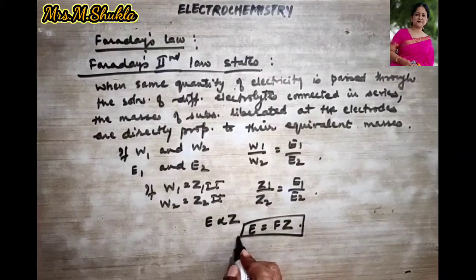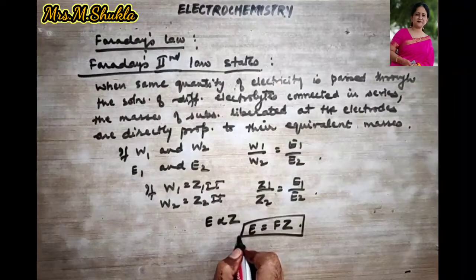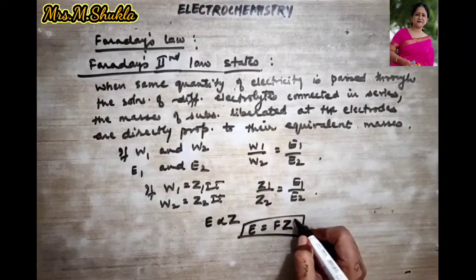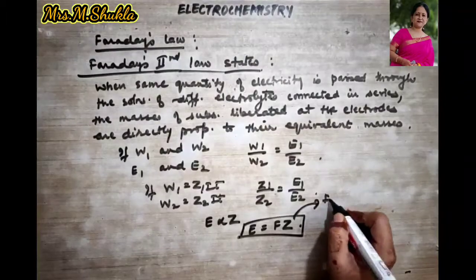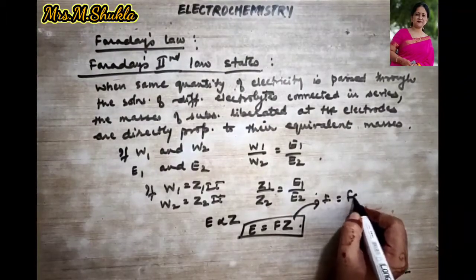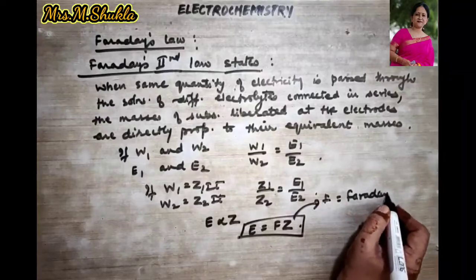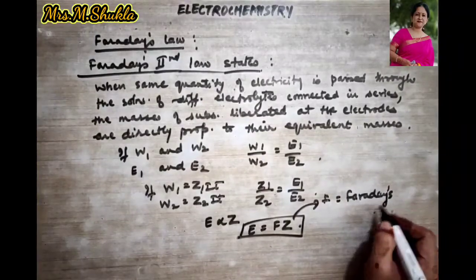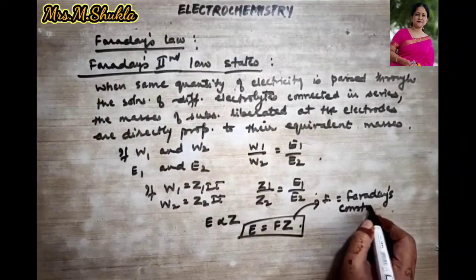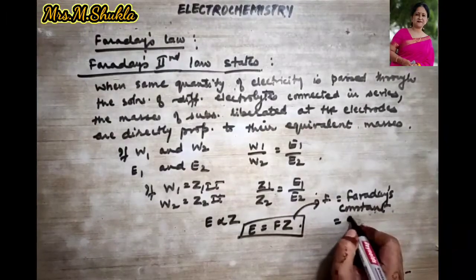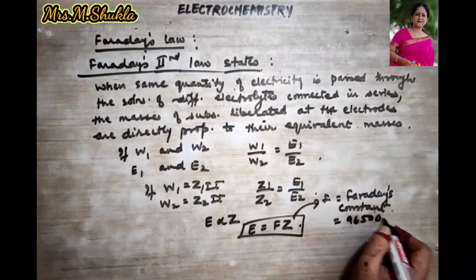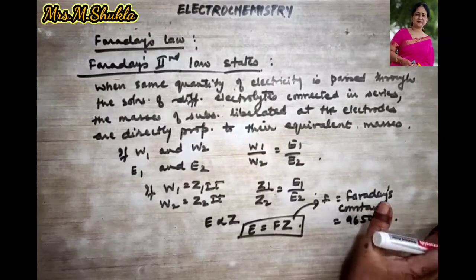So this E is equal to F z. What is this E equal to? F z. Where over here your F, that is called as Faraday's constant, and it is equal to 96,500 coulombs, right?